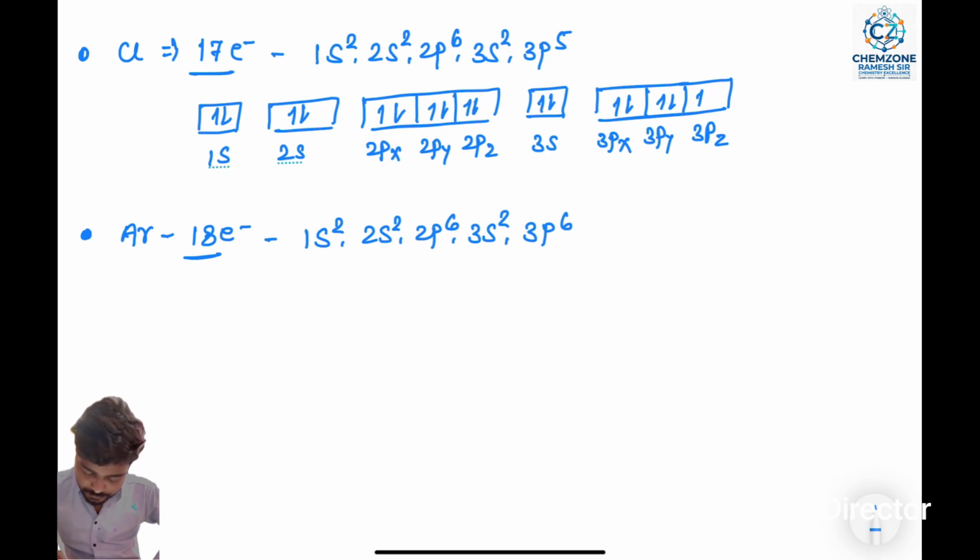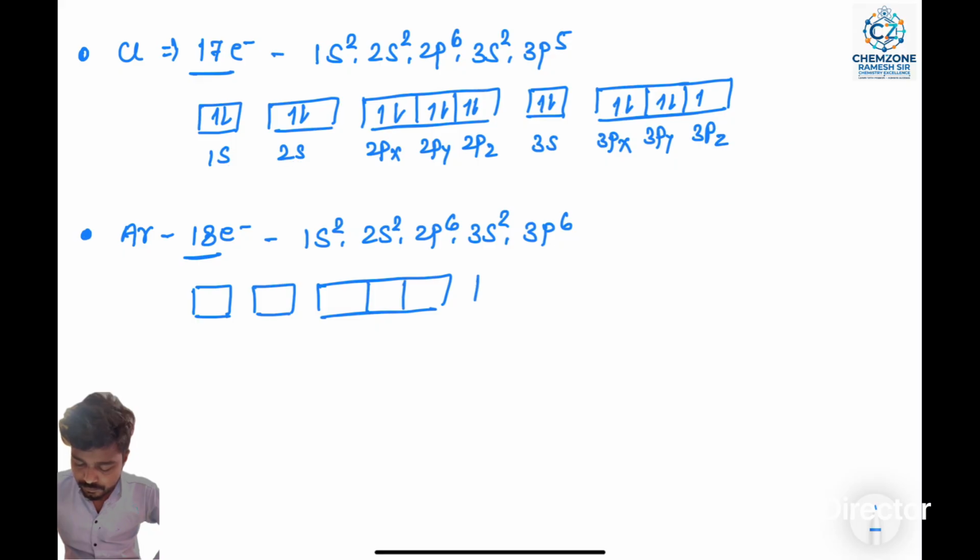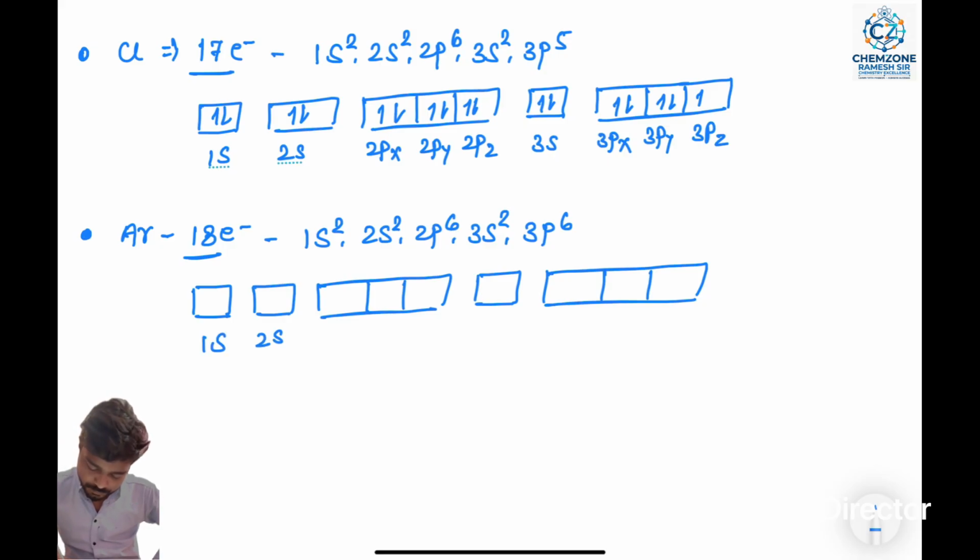ओके, सो पहले स्ट्रक्चर बना लेते हैं यहाँ पे 1s, 2s, 2p, 3s, 3p. नाम डाल देते हैं यहाँ पे 1s, 2s, 2px, 2py, 2pz and 3s, 3px, 3py and 3pz.